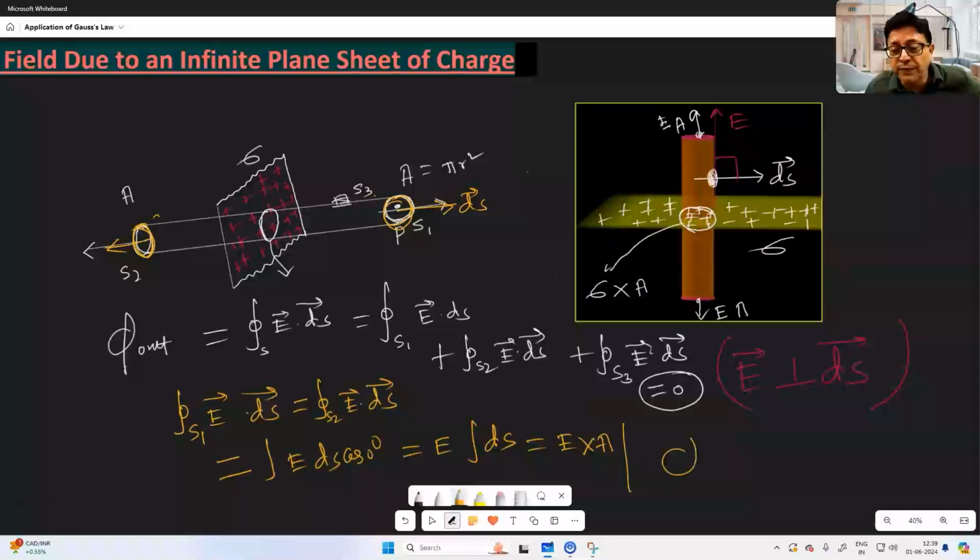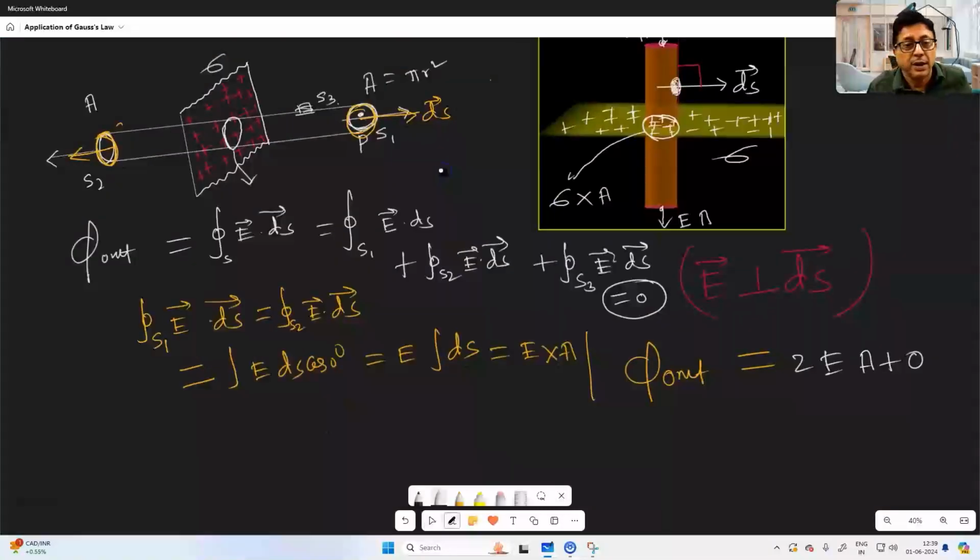So if we want to find phi out, this is going to be what? Due to S1 and due to S2, and this part is 0. But S1 and S2 are the same. So it will be twice E into A plus 0. Clear? But phi out by Gauss law is what?